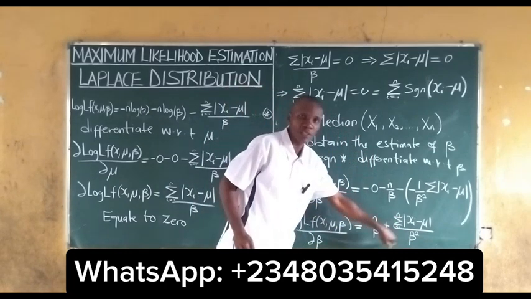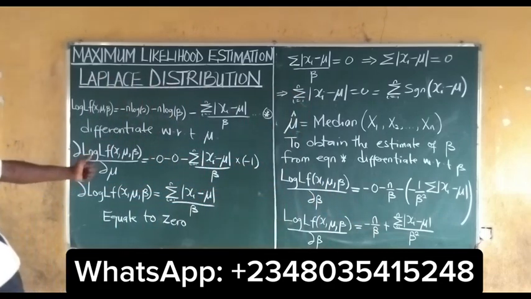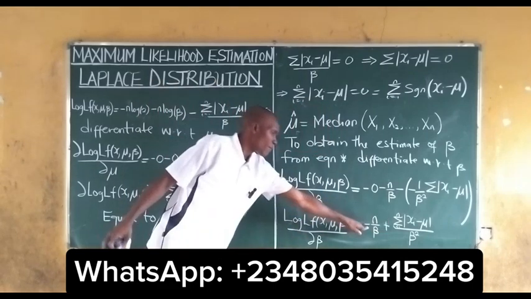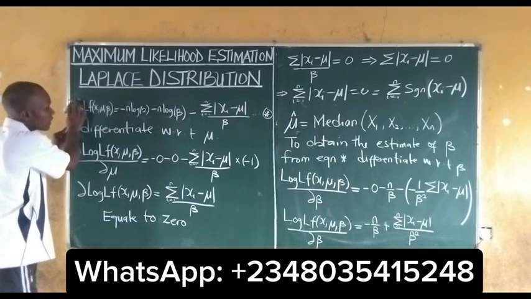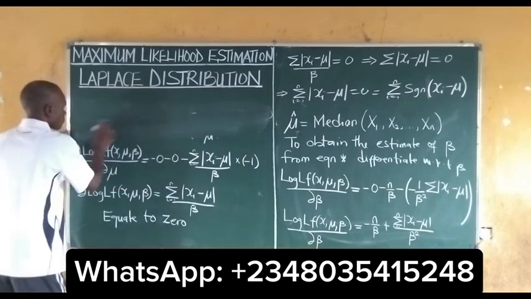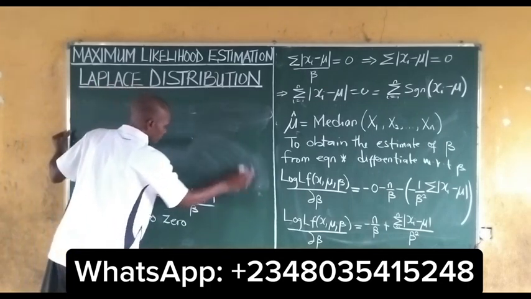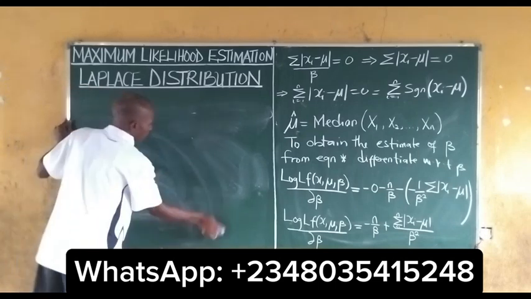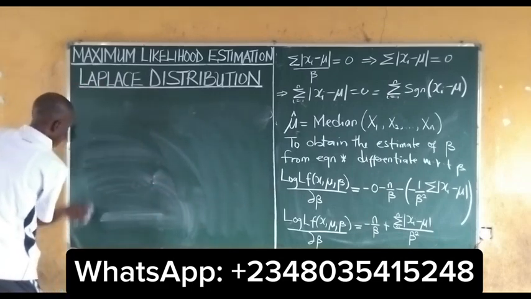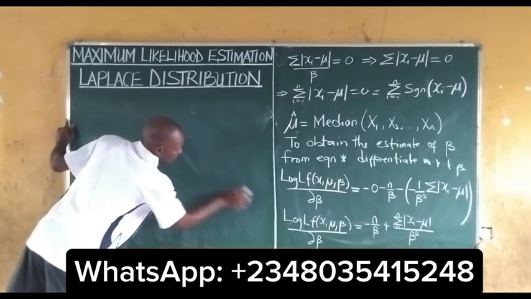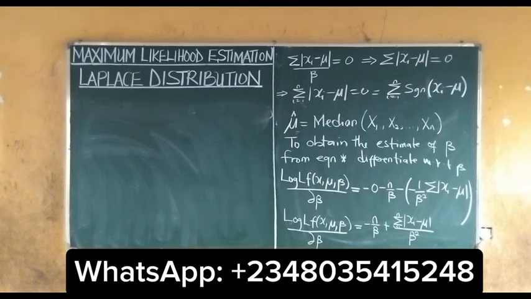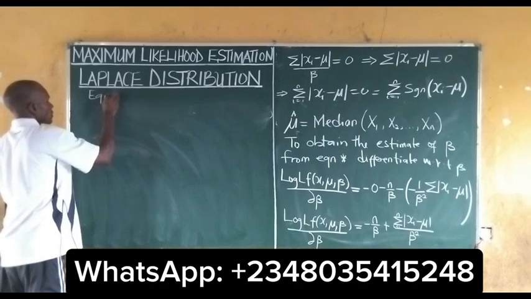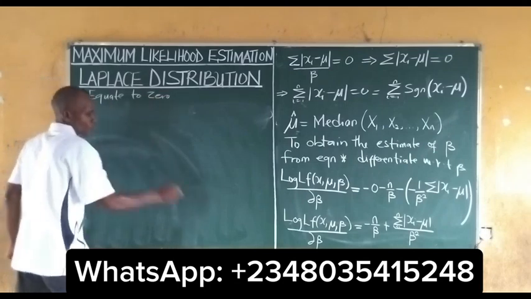The next thing to do is to equate the whole of this to zero to maximize beta. We are equating the whole of this to 0.